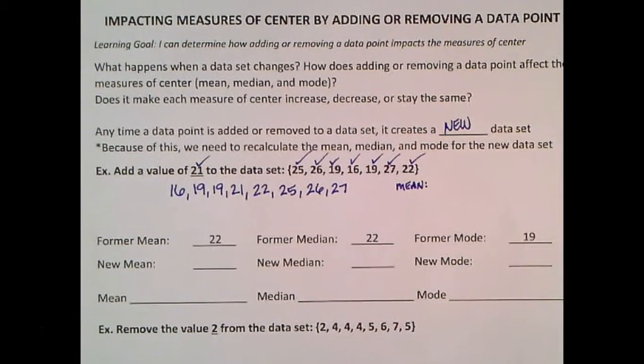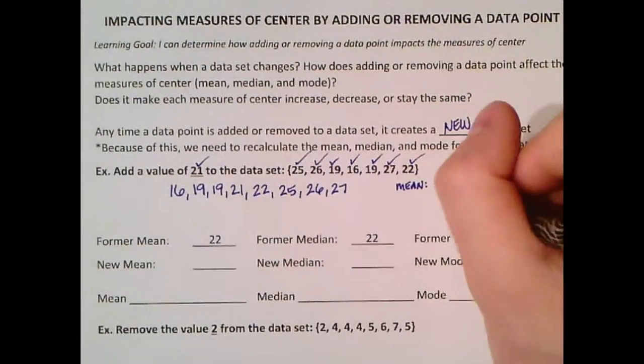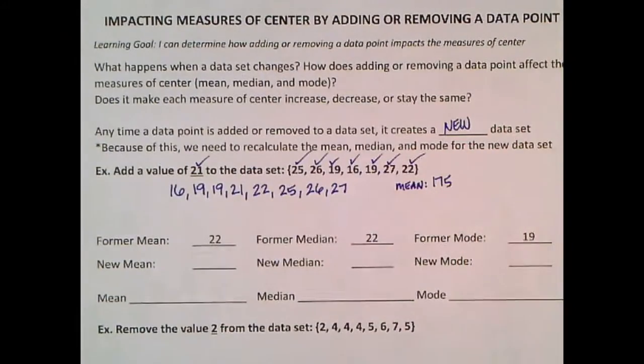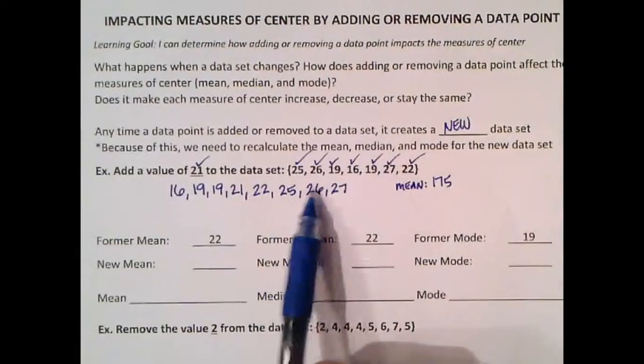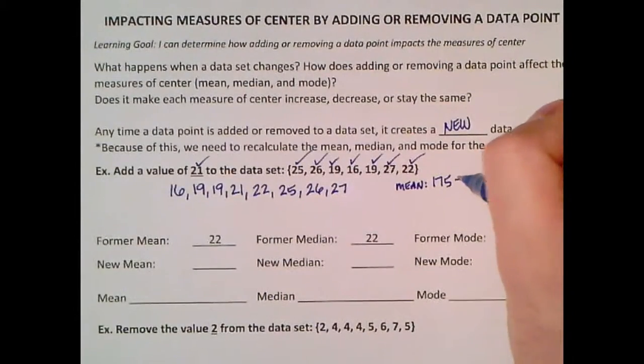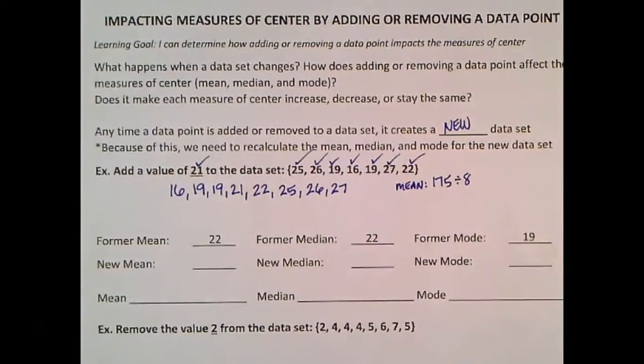Rather than you listen to 30 seconds of silence while I wait for you to do a problem, you can always pause it and then pick it back up once you're good. But when you add them all up, you get 175. And then we have 1, 2, 3, 4, 5, 6, 7, 8 pieces of data. So it's 175 divided by 8.